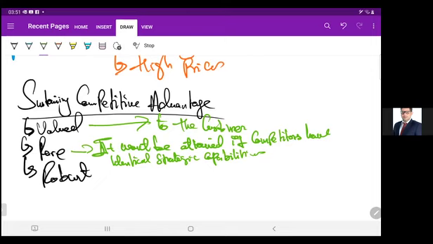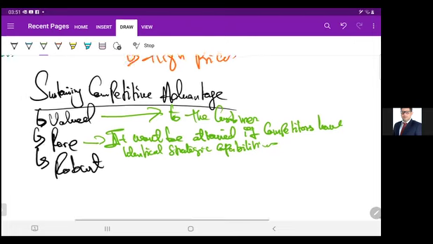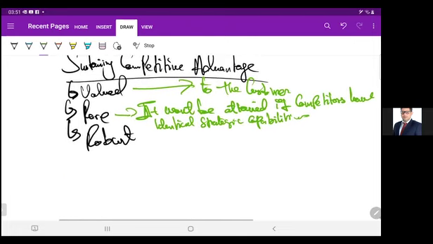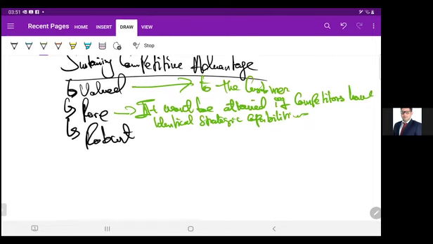And finally, robustness of strategic capabilities. Capabilities for competitive advantage should be robust, meaning that it is hard to imitate.